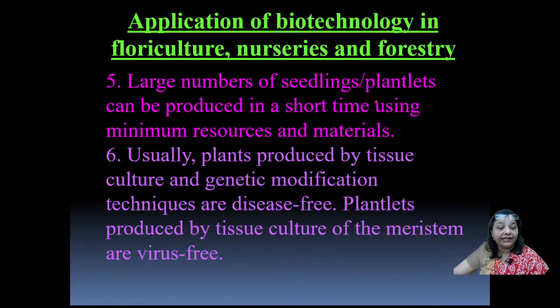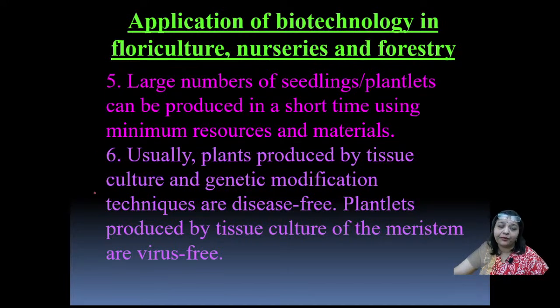A large number of seedlings, plantlets can be produced in a short time, using minimum resources and minimum materials. That is also a very important application. So less material and less time, but a large number of seedlings can be produced.